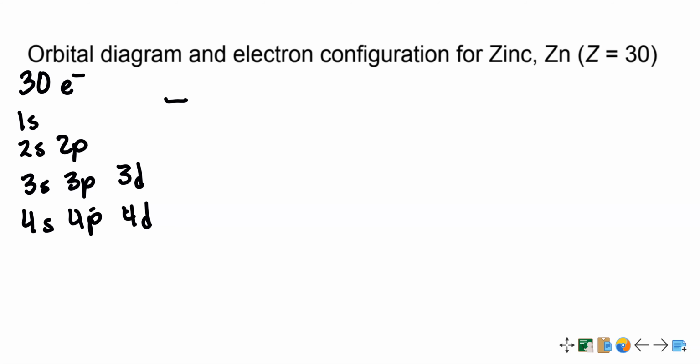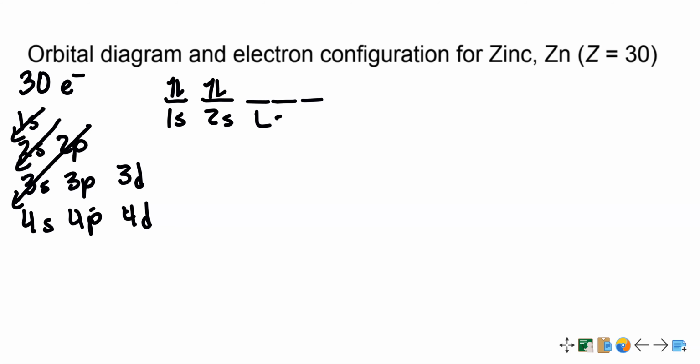I've got 1s, which is 2. I've got 2s, which is 2, which brings me up to 4. I've got 2p and 3s. Now remember, we fill up the orbitals one at a time for a p sublevel. 4, 5, 6, 7, 8, 9, 10, a third of the way there.